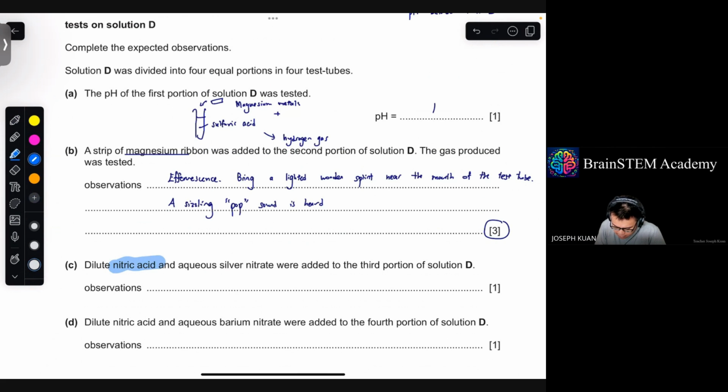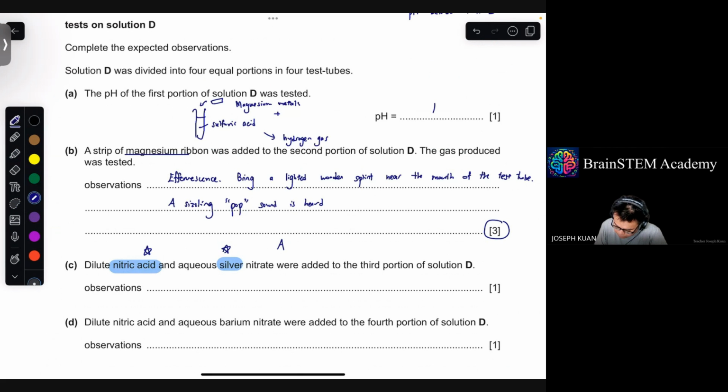Usually nitric acid doesn't do much other than providing an acidic medium. It usually is not exactly reactive. And then for aqueous silver nitrate, the main point is the silver ion. Nitrate also does nothing, it's just being there. The silver is the important point.